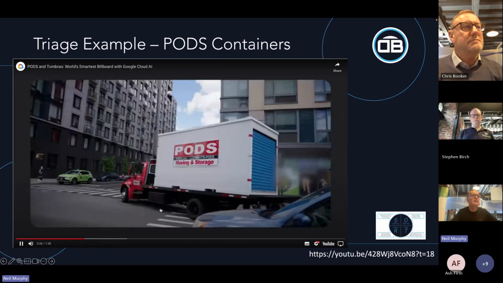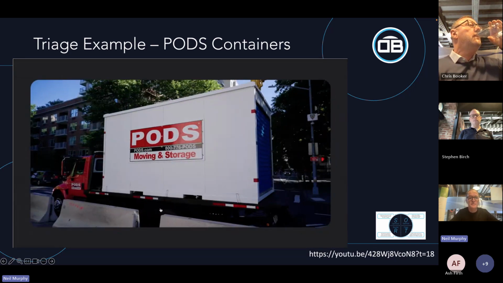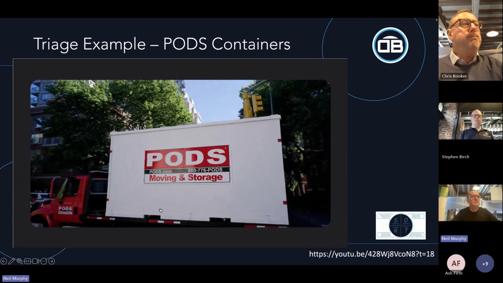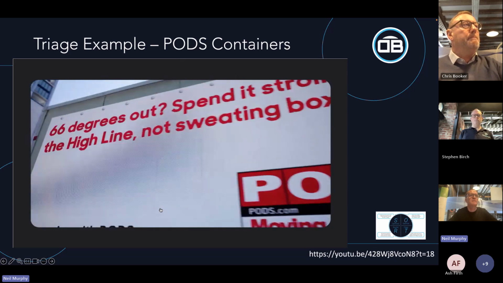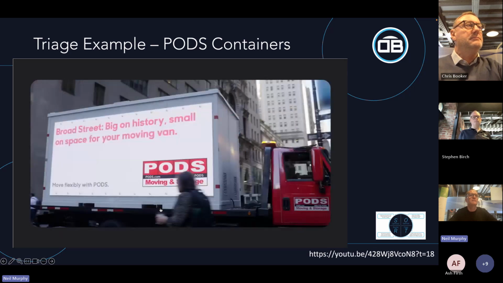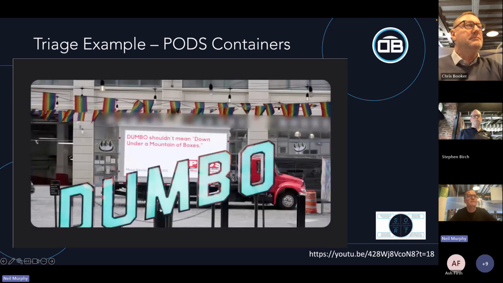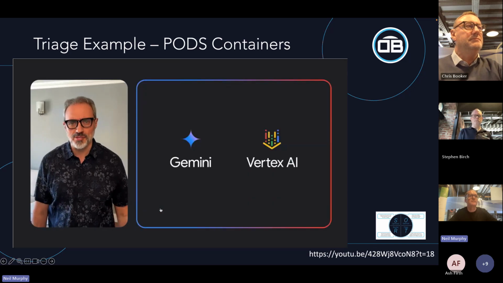Since 1998, the Pods container has been more than just a moving and storage container. It's been a roving billboard for our brand. Using Google Cloud AI, we made the world's smartest billboard, an activation that could adapt to each neighborhood in New York City, changing in real time based on data. First, we trained our Gemini model, Vertex AI.